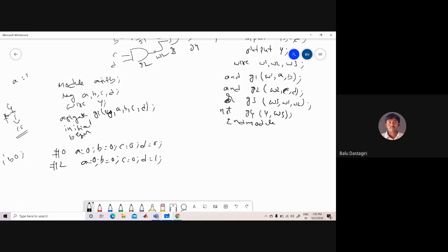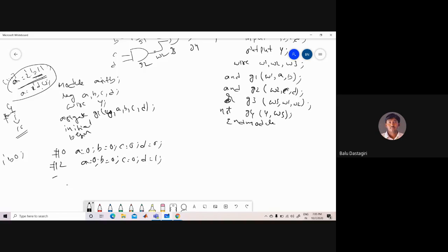For example, 2'b11. If there is a 2-bit vector input in the program, we have to specify the test cases like this: 2'b11 means that a is a 2-bit vector whose value I have specified as 11. Similarly, if you want to give 1'b0, that is the decimal number 0 with the input as 0. Like this, we can specify it.